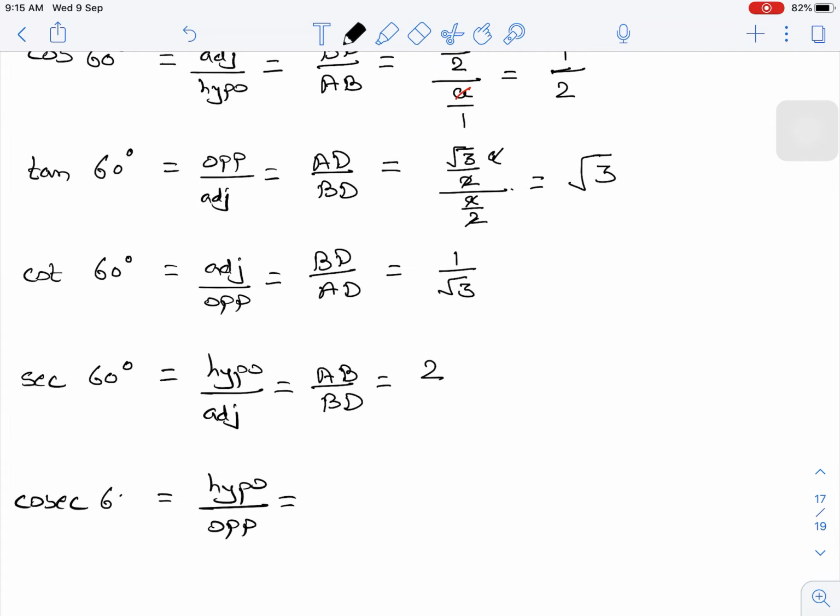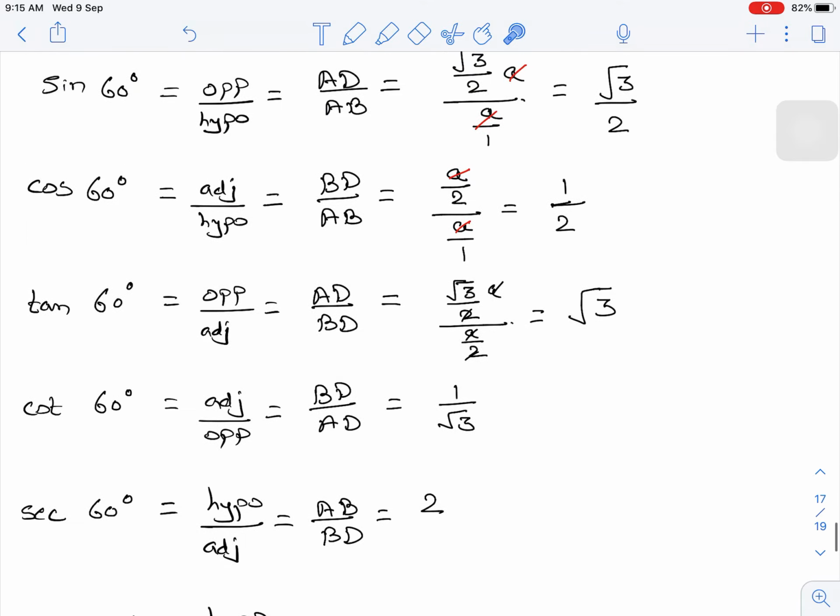Next one, cosec 60 equals hypotenuse upon opposite. That is nothing but the reciprocal of sine 60, which is opposite upon hypotenuse.